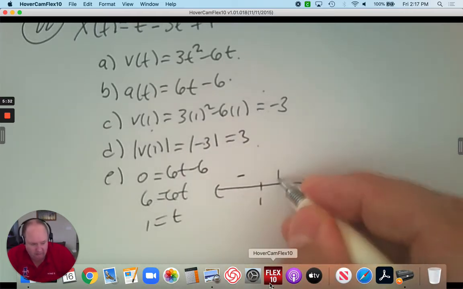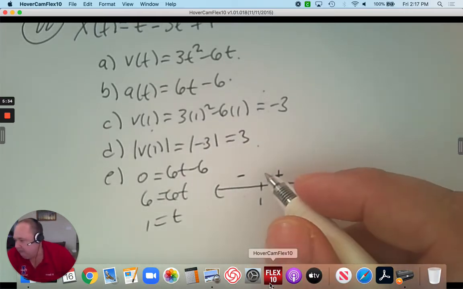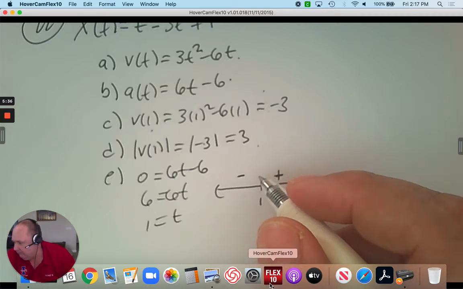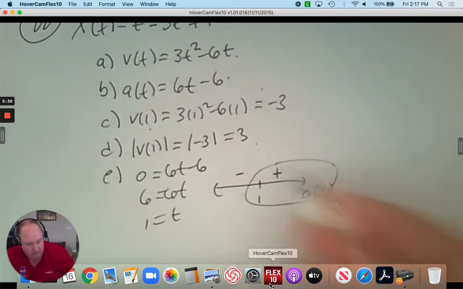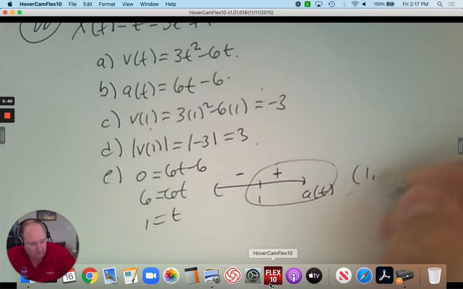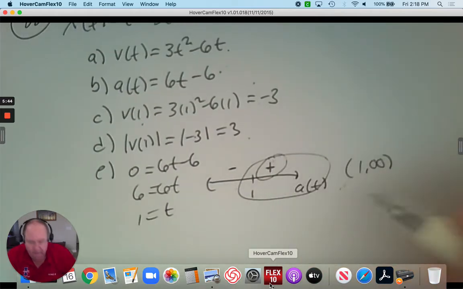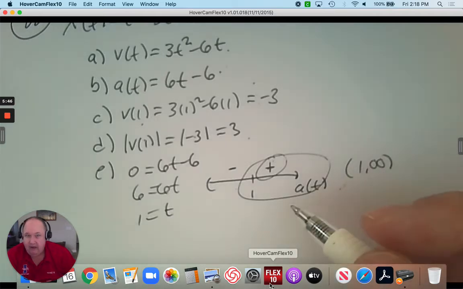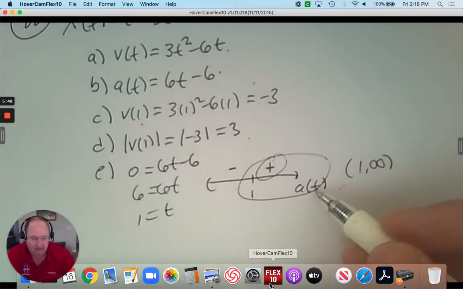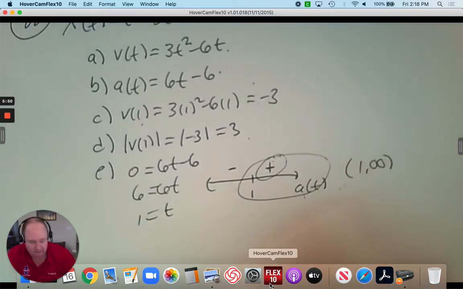Bigger than 1, it's positive. And so when is it decreasing? It's right here. From 1 to infinity, the velocity is increasing. Velocity increasing means the same as when the acceleration is positive.